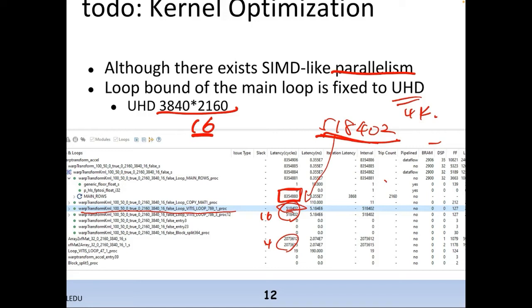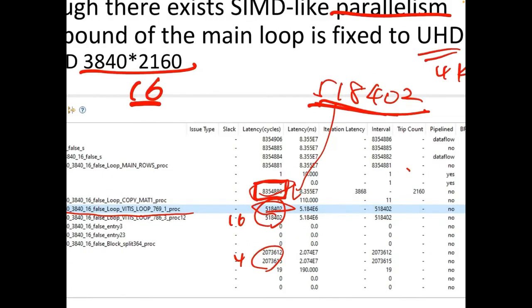So actually we can read the pixels in parallel. However, when we feed it to the main loop here, it cannot be parallel. For this one, the latency and the interval are the same, so this one doesn't do the pipeline.